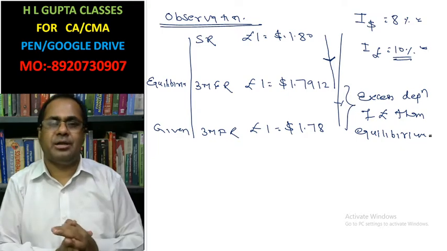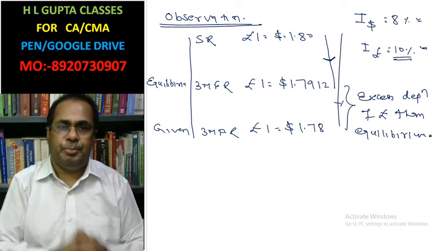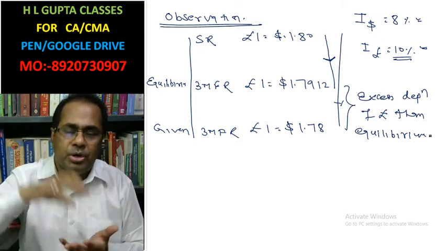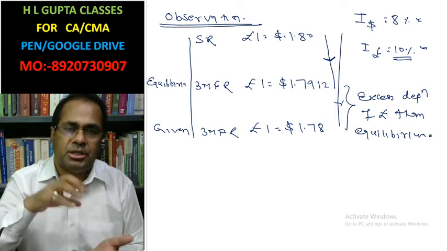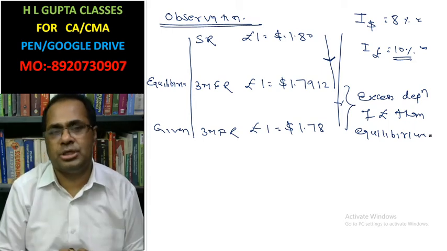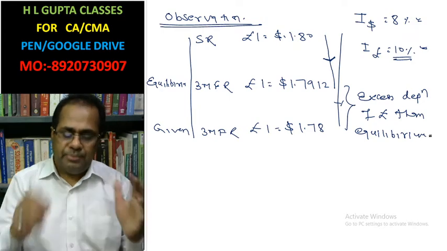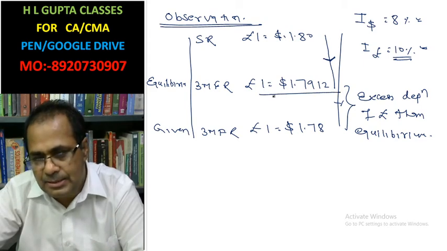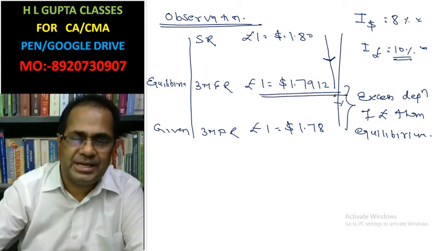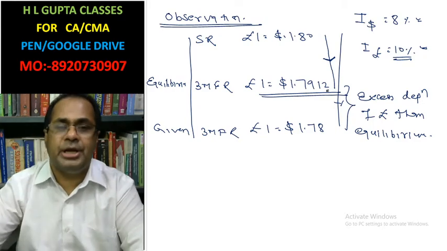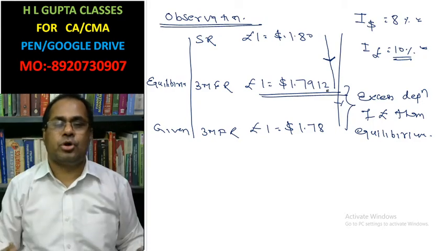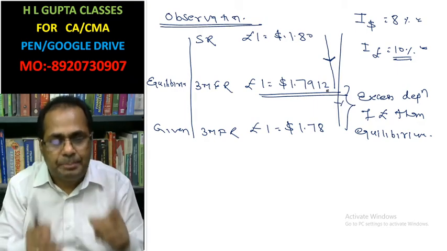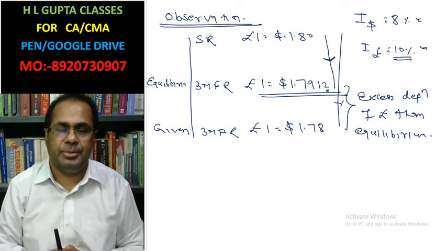So why can you not invest in the UK? Because in the given 3-month forward rate, the pound has been depreciated more than the equilibrium. If the 3-month forward rate of the pound was the equilibrium one, then investment in the USA or the UK would make no difference. In the given case, the pound has depreciated more than the equilibrium forward rate.